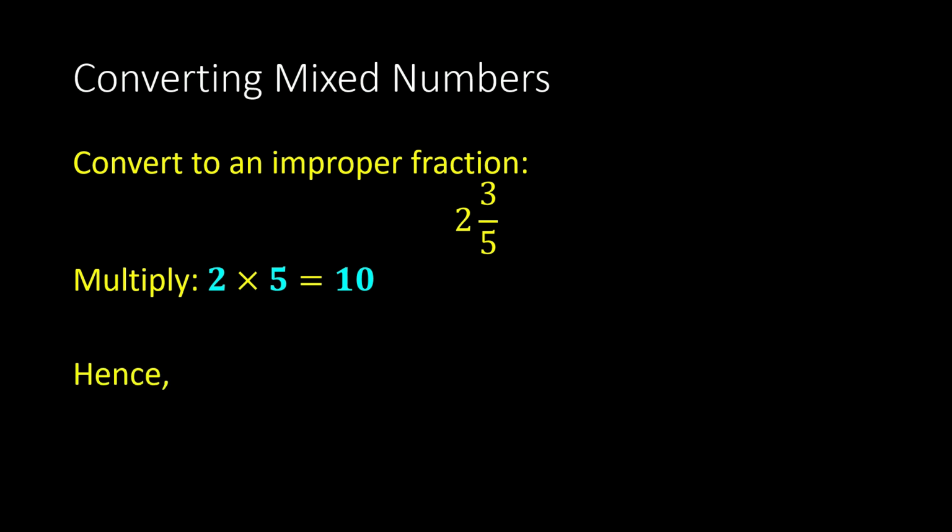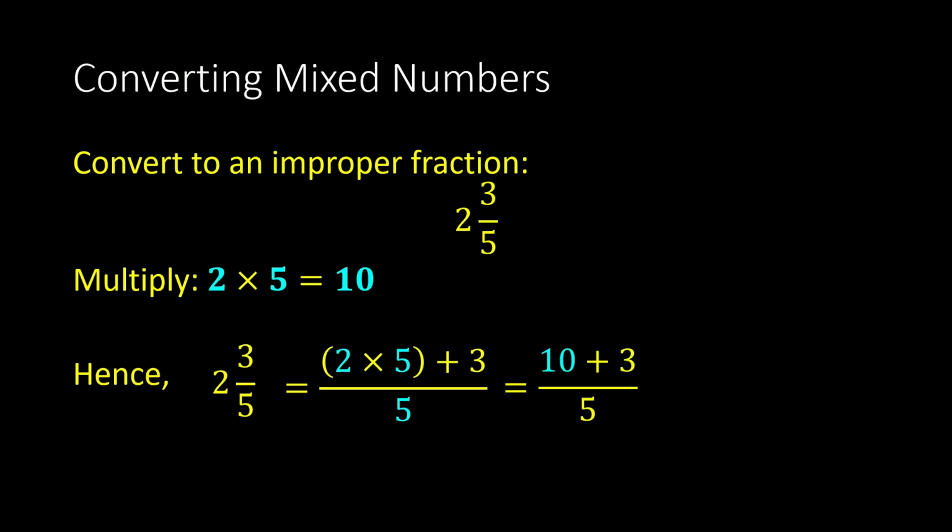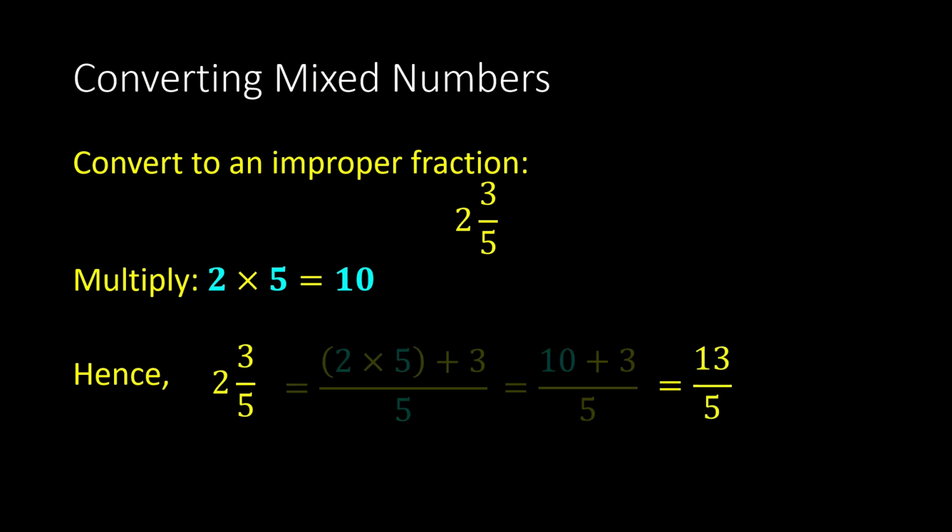Therefore, 2 3/5 equals 2 times 5 plus 3 all over 5. So we have 10 plus 3 all over 5, which equals 13 over 5. And therefore 2 3/5 equals 13 over 5.